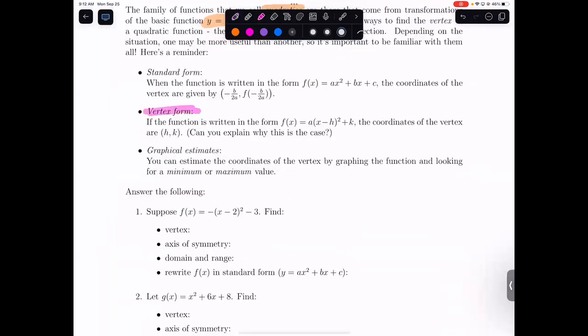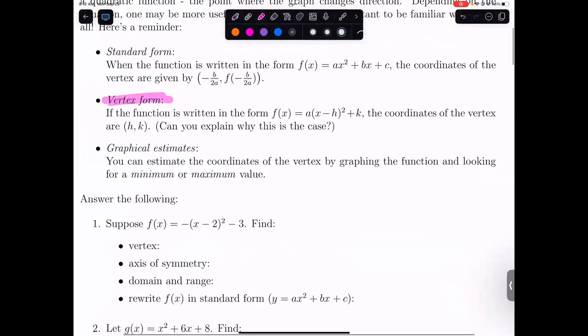The vertex form. Now, again, this is one of those things where, if I put it in the formal math speak language of a textbook or whatever, it looks like that, which makes it look a little more complicated, but it's the same thing, right? A times x minus h squared plus k. Coordinates of the vertex are h, k. Well, again, h is shifting to the right or to the left. k is shifting up or down.